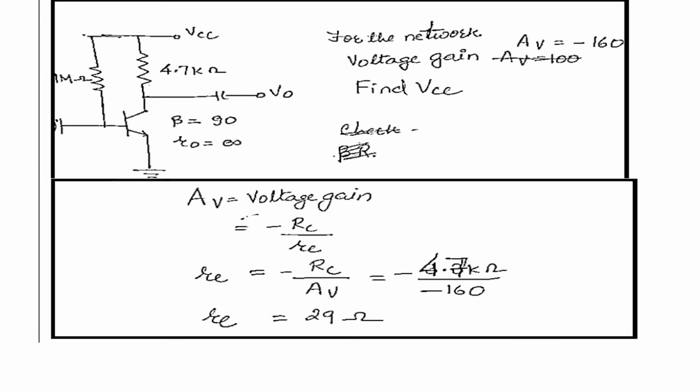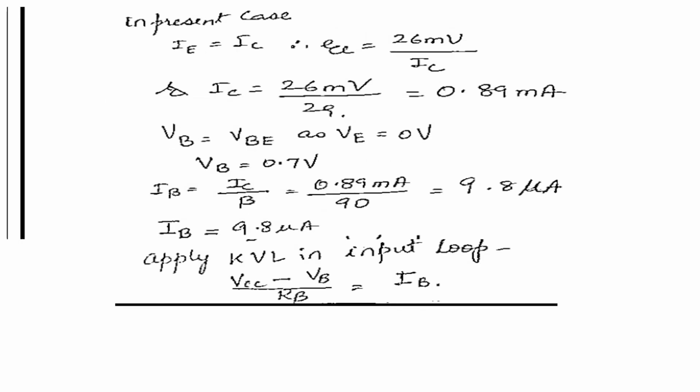So voltage gain for this particular circuit is given by minus RC upon RE. So directly substitute the value, you will get the value of RE as 29 ohms. In present case, again your emitter current is equal to collector current, as emitter is grounded.